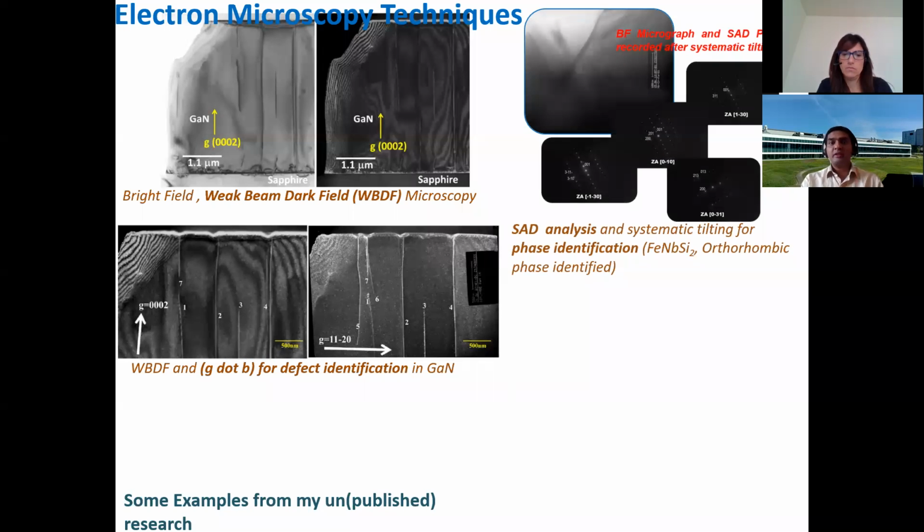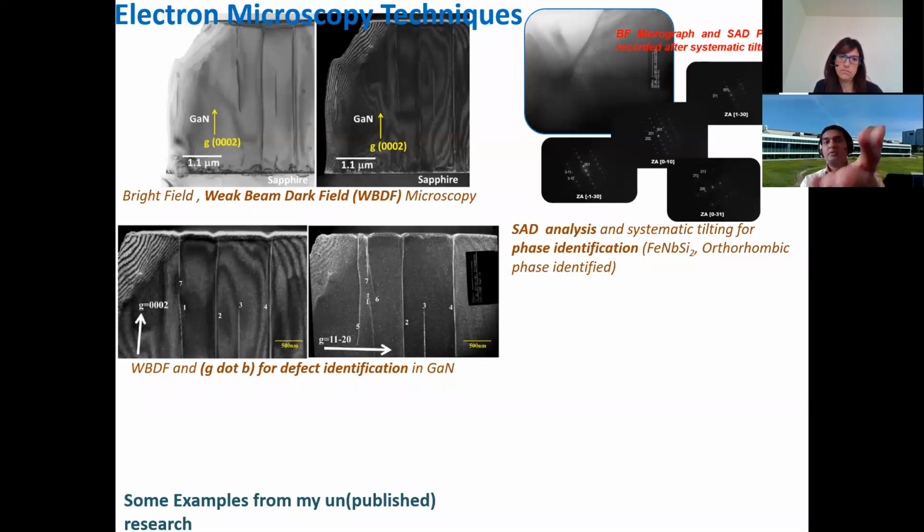Then the third is about diffraction, the selected area diffraction. If we keep tilting the crystals, the sample would keep getting oriented differently with reference to the electron beam in the TEM, and we will have different diffraction patterns. We can use that to map the entire reciprocal space, and we can derive the crystal structure of the particular sample that we're investigating.